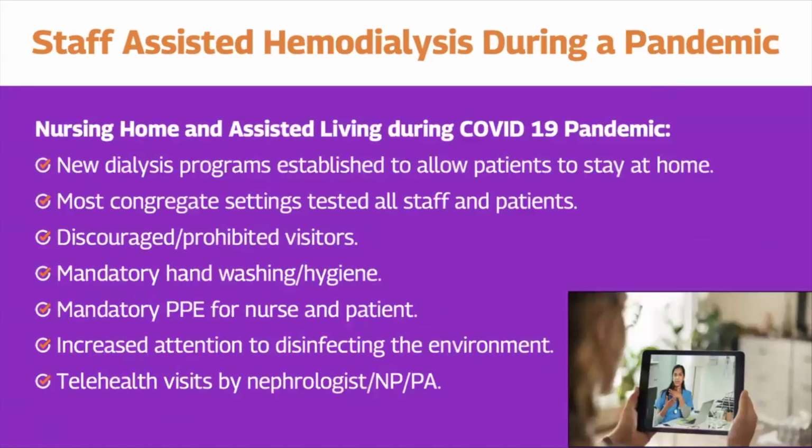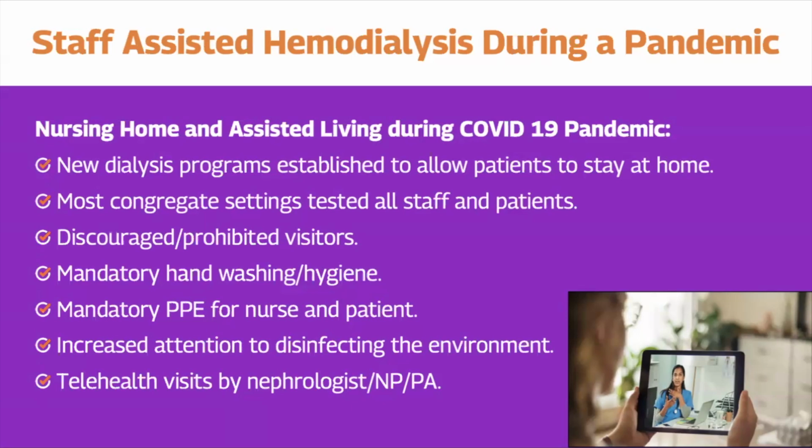So, nursing homes and assisted living centers during the COVID-19 pandemic: we had a plethora of new dialysis programs established to allow patients to stay at home. And so we saw many nursing homes and assisted livings start a home dialysis program within the facility.